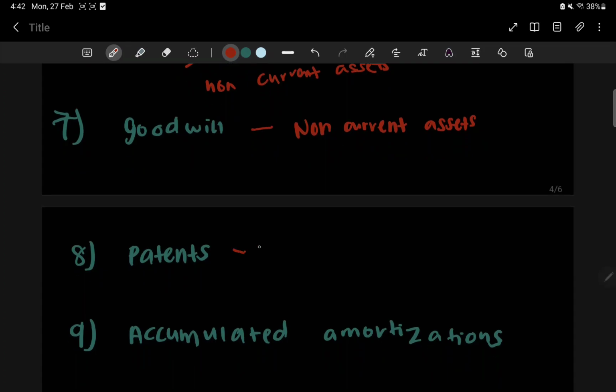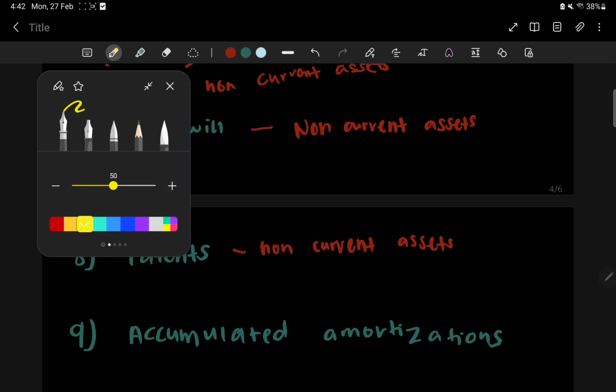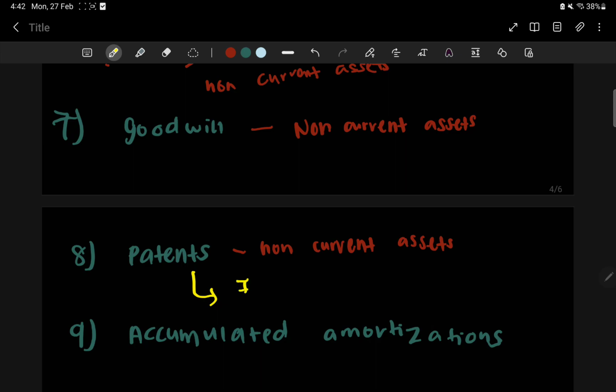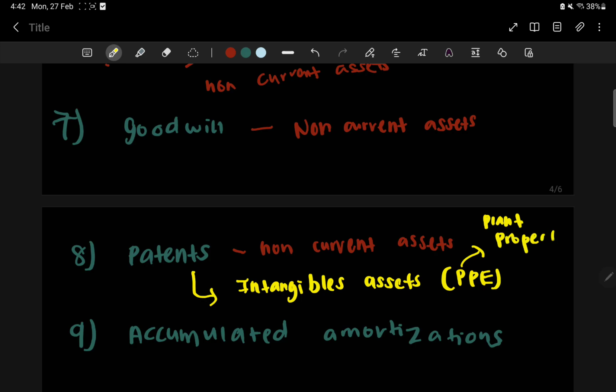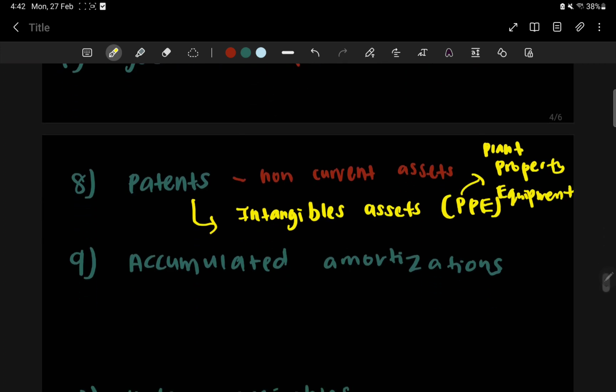Patents are going to be non-current assets as well, because they are intangible assets. Intangible assets or anything related to PPE, property, plant and equipment, would be non-current assets.